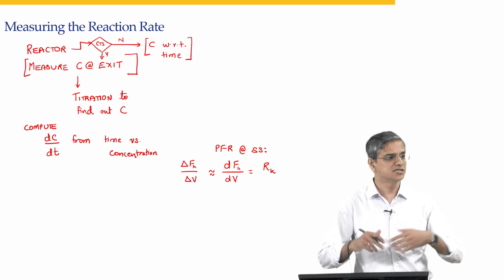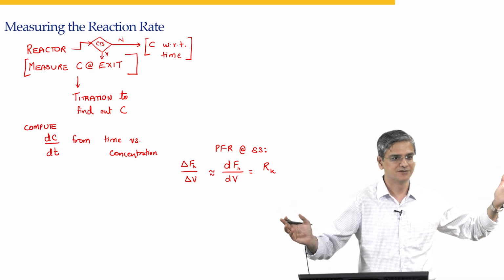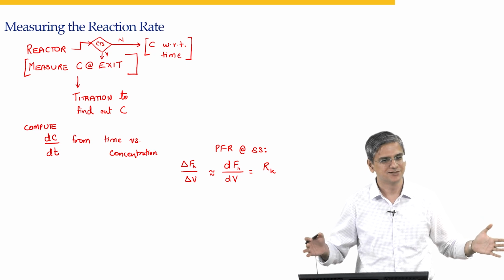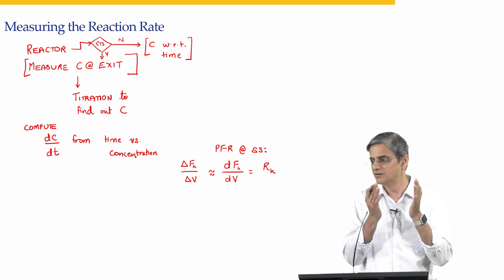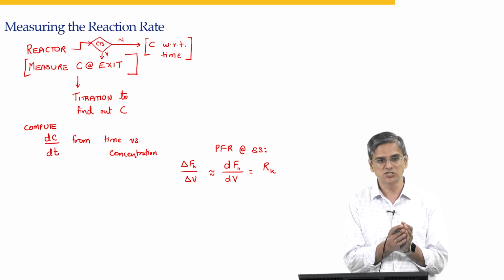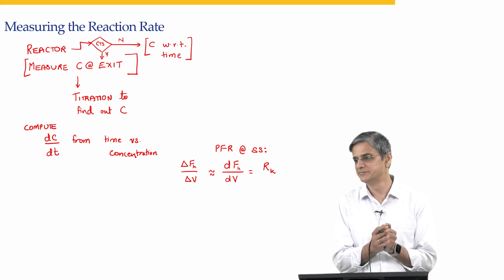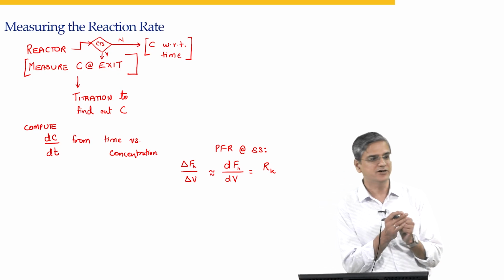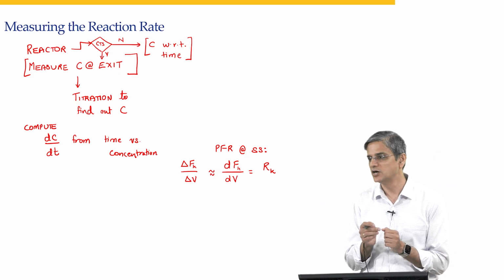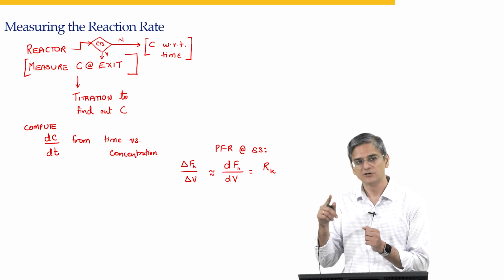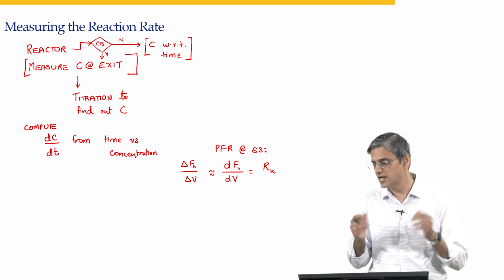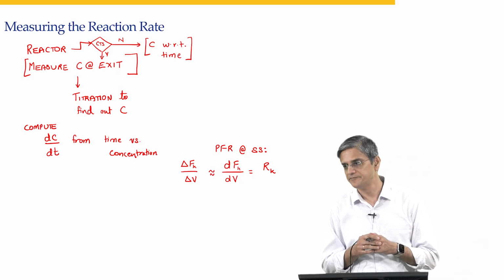Let us say an explosive reaction where the reaction takes place very quickly, that can literally happen in very small volumes. There is a concept called millisecond contact time. If you have a reaction like combustion, it takes place in contact time, which is tau of approximately 1 millisecond. That is why it is carried out in a micro reactor.